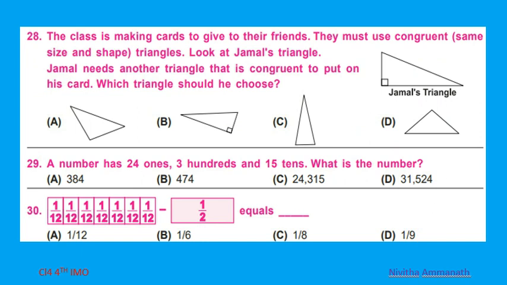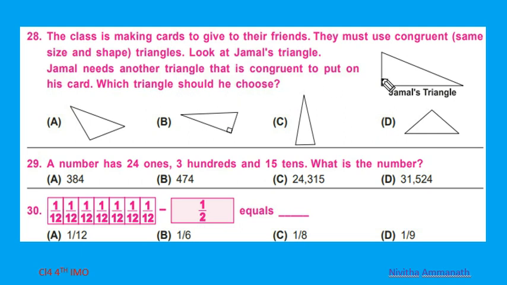The class is making cards to give to their friends. They must use congruent triangles; same size and same shape triangles are congruent triangles. Look at Jamal's triangle. Jamal needs another triangle that is congruent to put on his card. Which triangle should he choose?